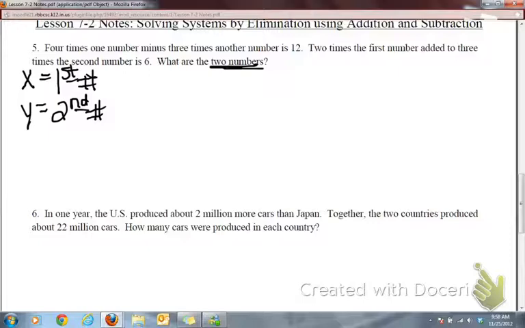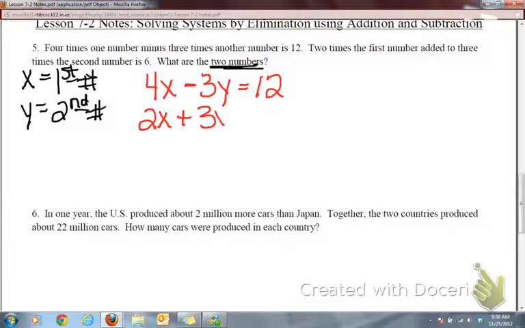So 4 times one number, we'll say 4x, because x is our first number, and then minus 3 times another number, well that must be y, equals 12. The second sentence says 2 times the first number, which was x again, added to 3 times the second number, 3y, equals 6.